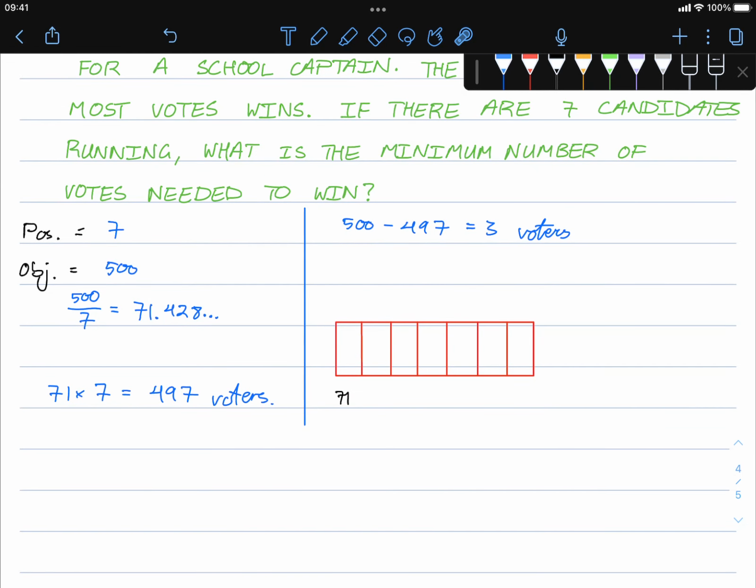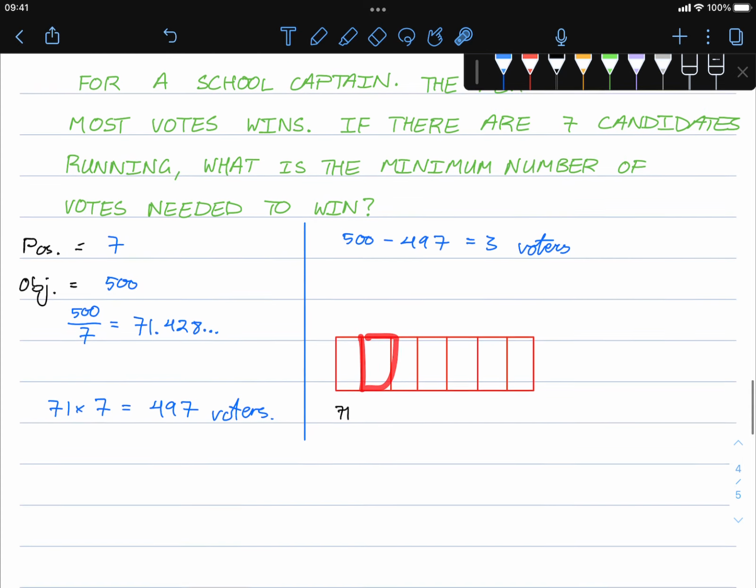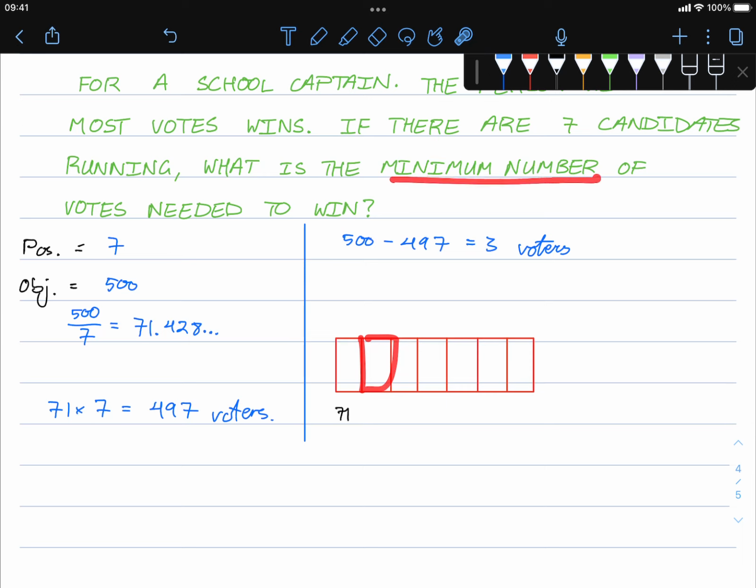But now, think about this. If we were to divide the 3 equally, so let's go 1, 2, 3, then these 3 are in a tie. So, what is the minimum number of votes needed to win?